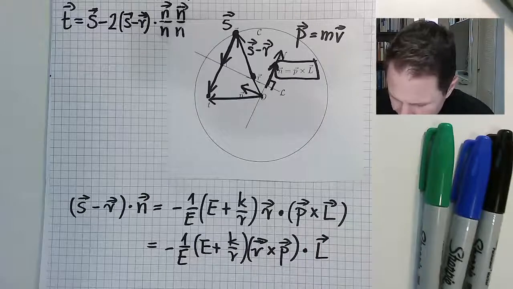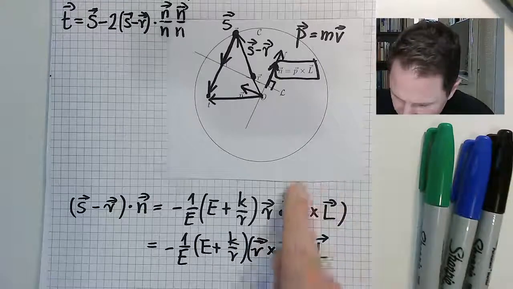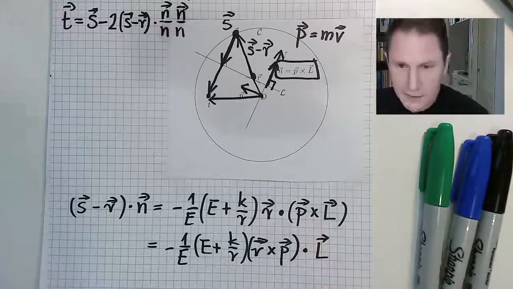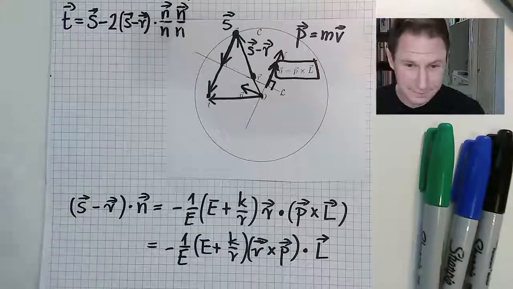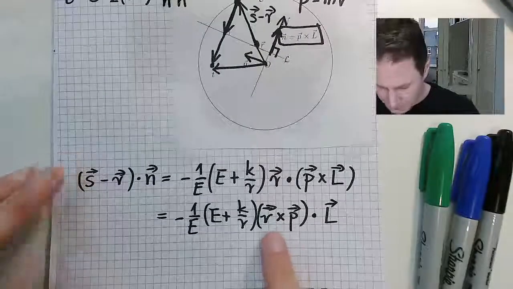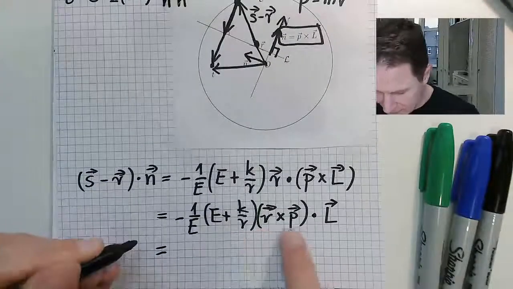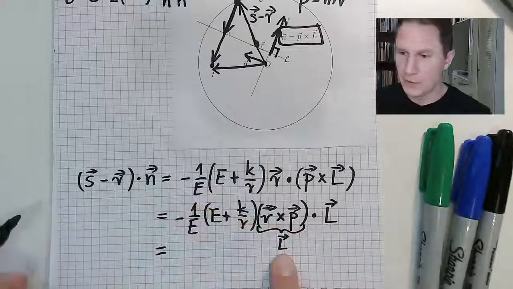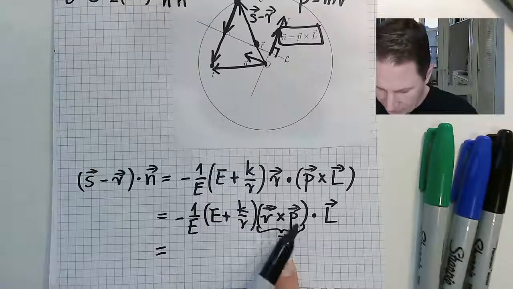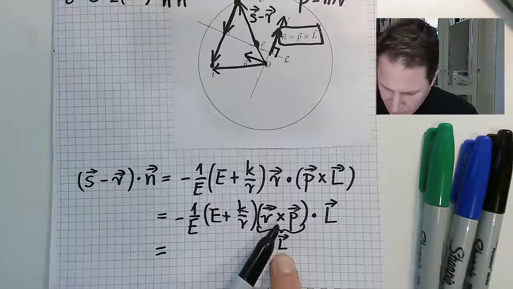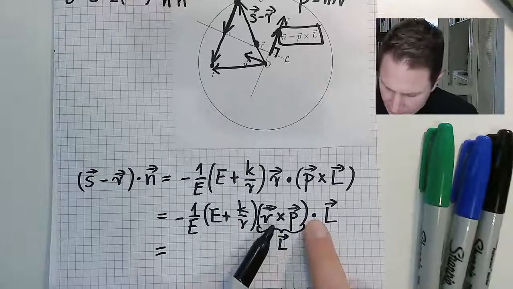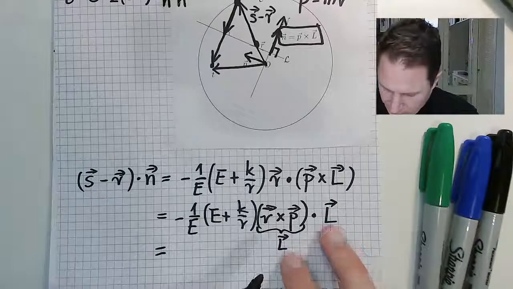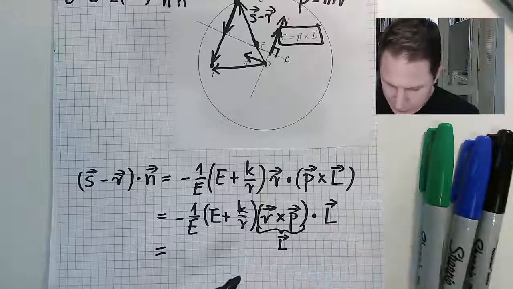It has to do with the geometric meaning of this triple product. So now you can recognize that right here what we have is the angular momentum. That is capital L by definition, and it's getting multiplied to itself in this scalar product. So that will give us the length of L squared.